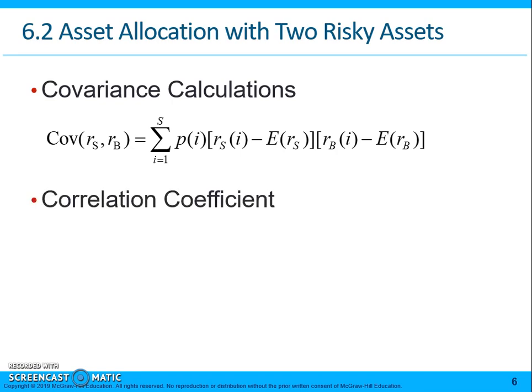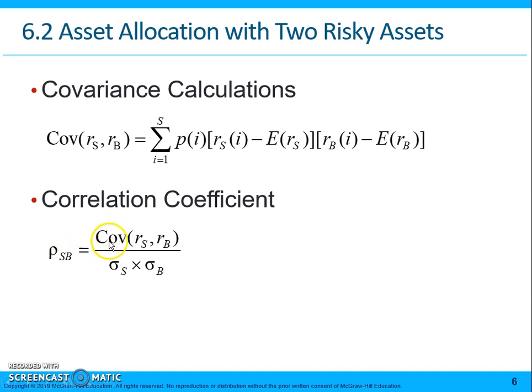The correlation coefficient is denoted by rho. Rho SB would be the correlation coefficient for this portfolio.